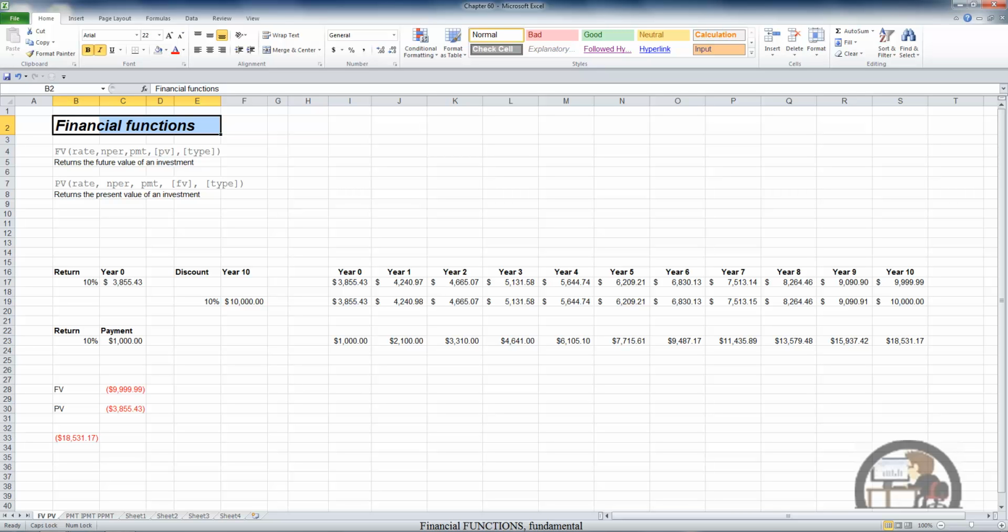The payment function, PMT, will calculate what the payment is for a given loan, or what a return would be for a given annuity, and the IPMT and the PPMT functions return respectively the interest that's paid on a given payment in a given payment stream, or the principal that's paid for a given payment in a given payment stream.